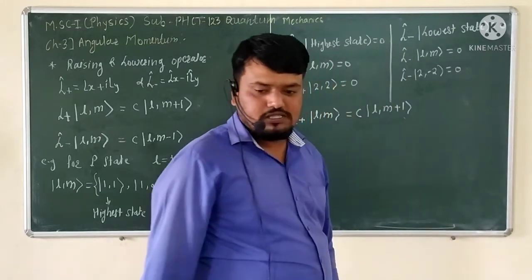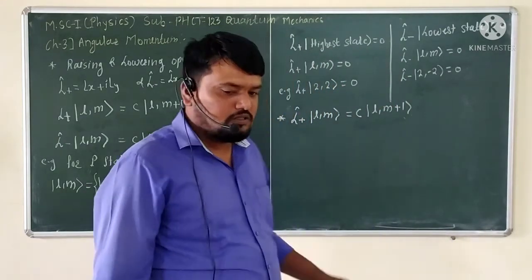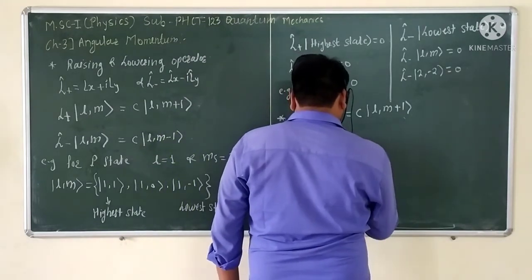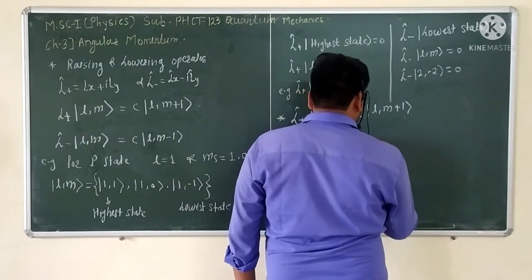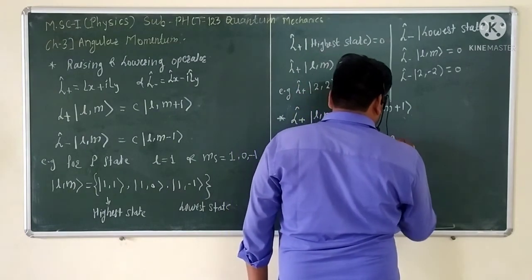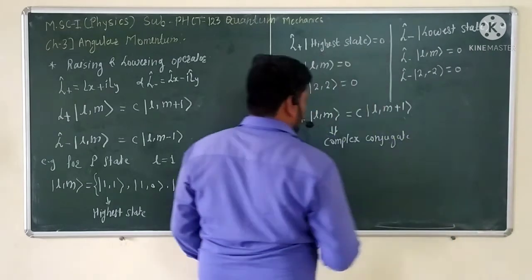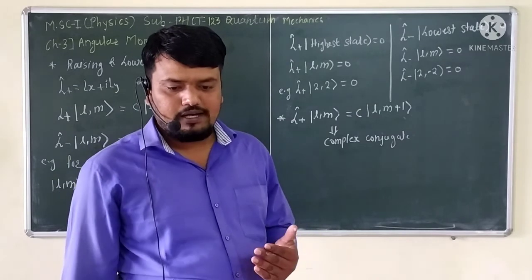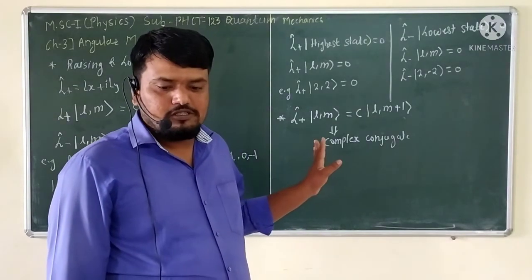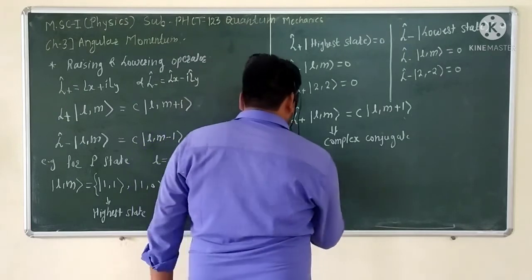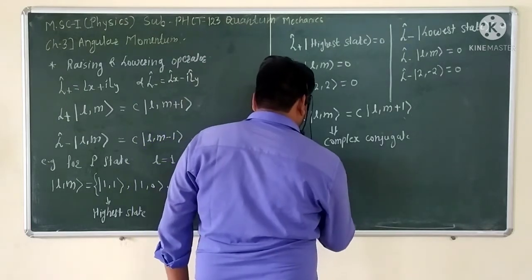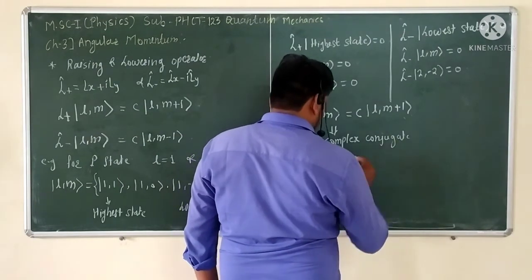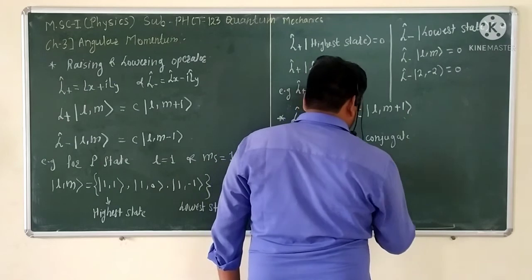Now if we take the complex conjugate of this relation, it is the bra L comma m plus 1 with L minus operating on it, so that bra L comma m is the C star times bra L comma m plus 1.